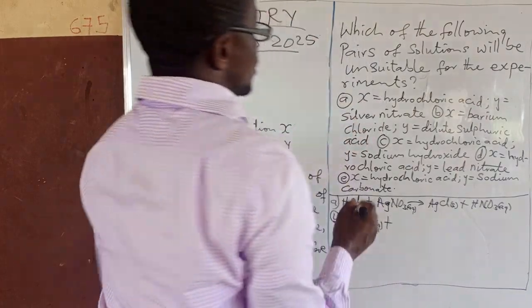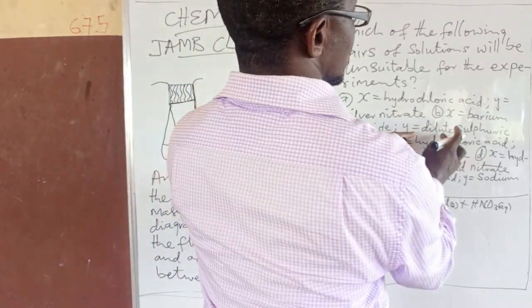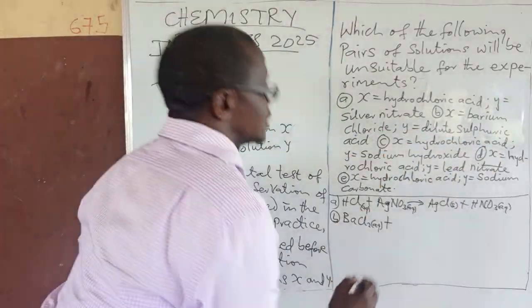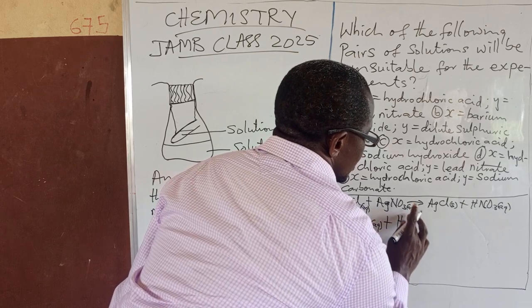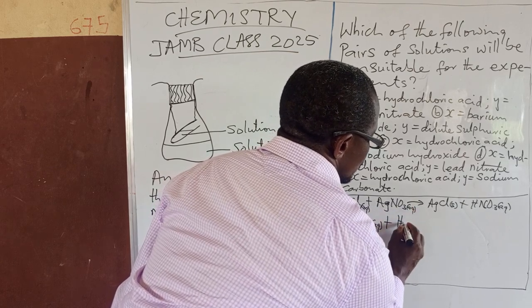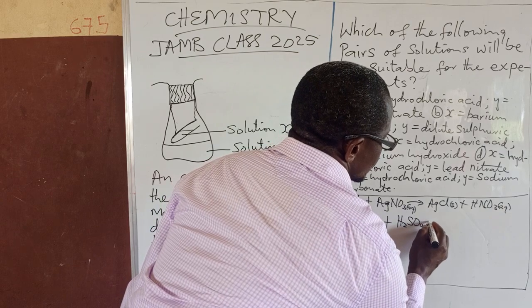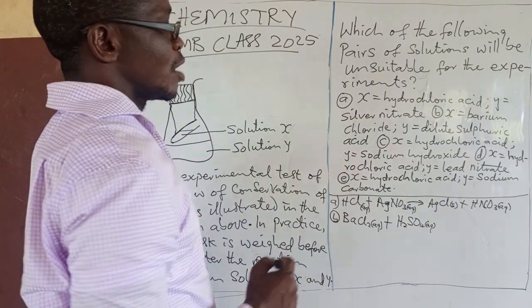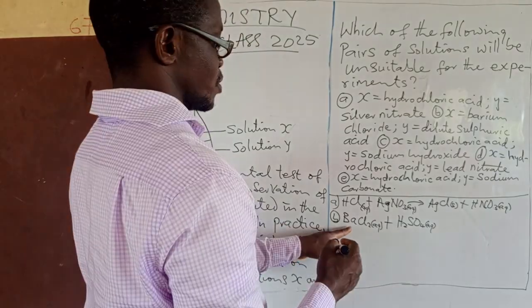Barium chloride solution, plus dilute sulfuric acid, H2SO4 solution. When you react these two, what do you expect to have?